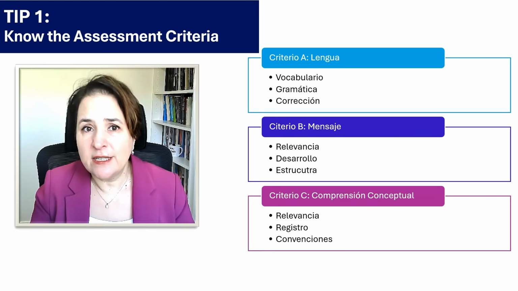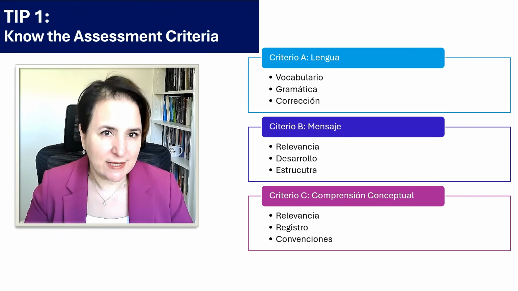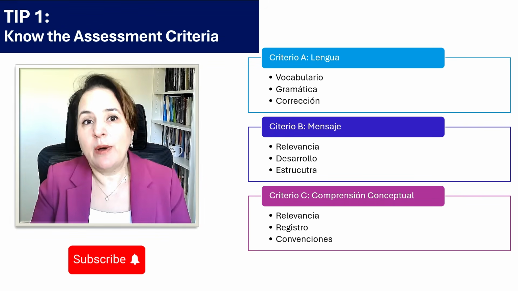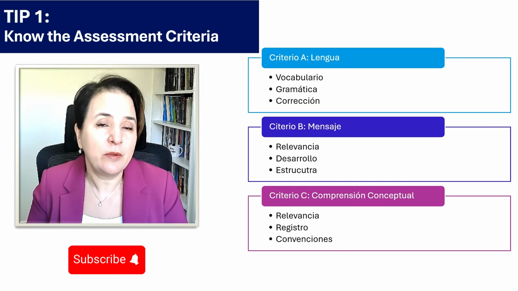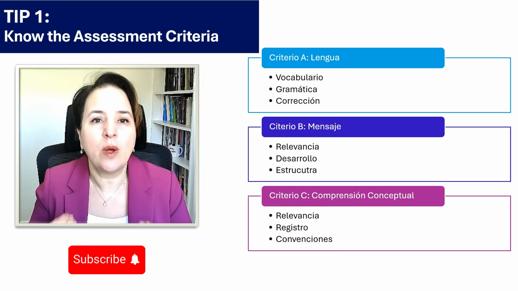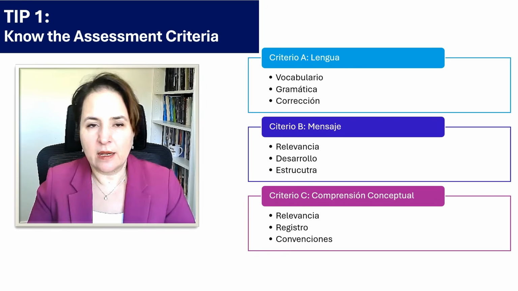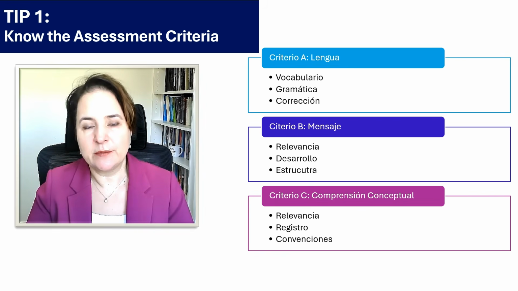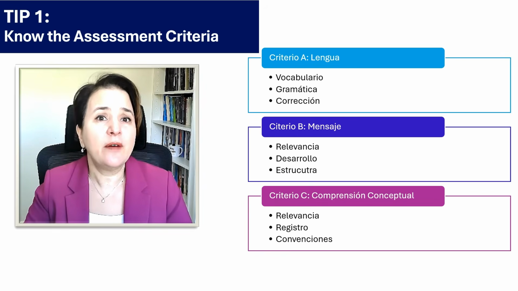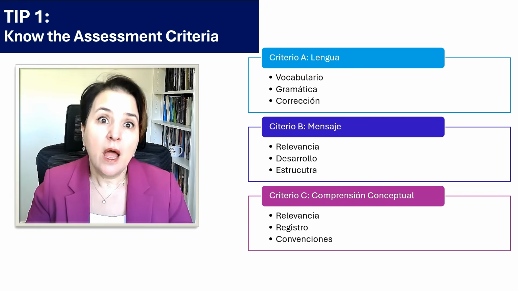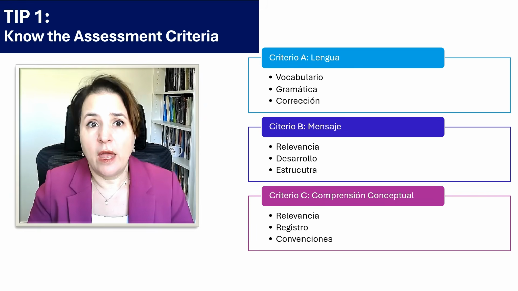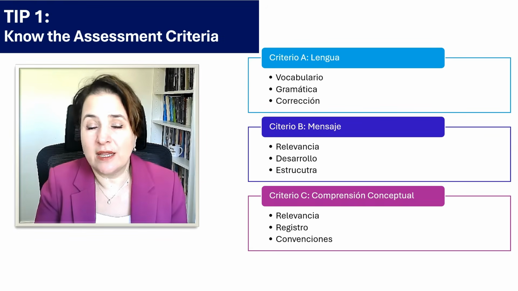Finally, criterion C is about conceptual understanding. This is about choosing the text type, but in order to choose the correct text type, you need to understand the task, and that's why the label of this criterion is conceptual understanding. And again, we have 3 aspects to this criterion. Is, first of all, have you chosen a text type that suits the task?